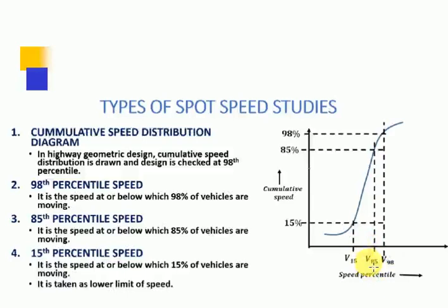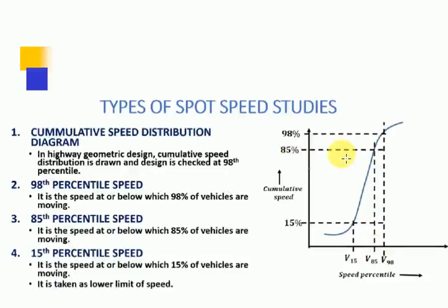It means that 85% of the vehicles are passing the point on the highway at or below that speed. In other words, 15% of vehicles exceed this speed. Suppose that speed value comes to 50 kilometers per hour. Then we can say that 15% of the vehicles are exceeding that speed.